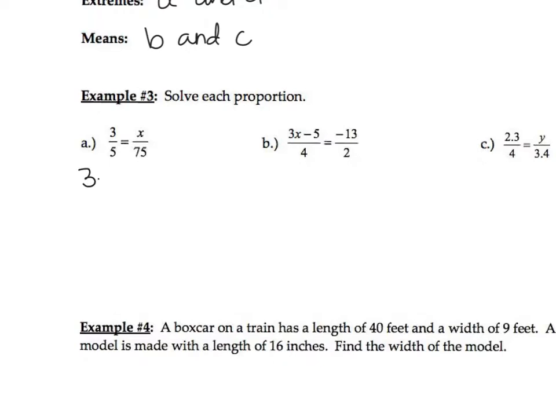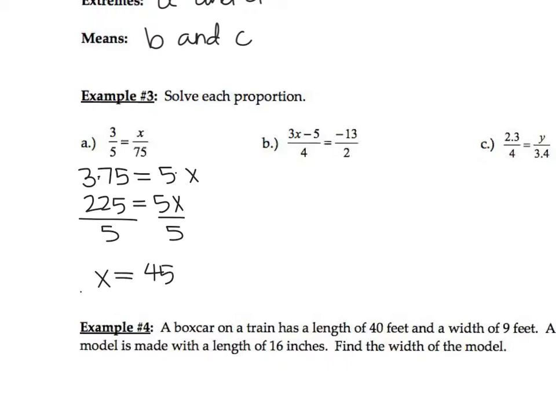So 3 times 75 equals the multiplication of our means, so 5 times x. 3 times 75 is 225, and we get equals 5 times x, which is 5x. Then to solve for x, we divide both sides by 5, and we get that x equals 45. So when x is 45, I get equivalent ratios.